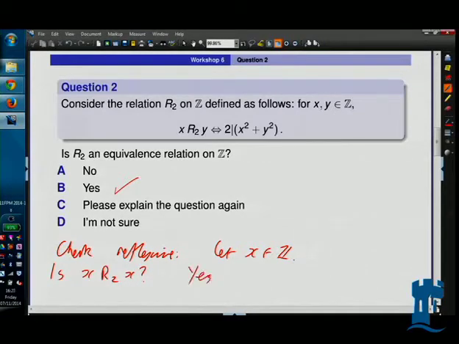That's yes, because x squared plus x squared equals 2x squared, which is divisible by 2. So when you plug y equals x in here, you do get that 2 goes into 2x squared. So that's fine.